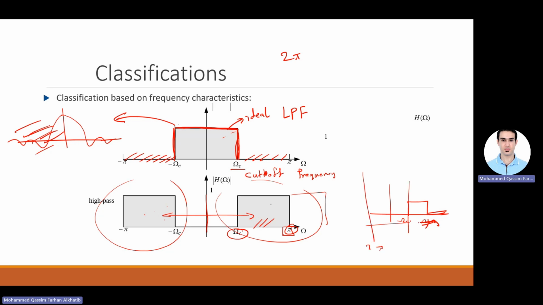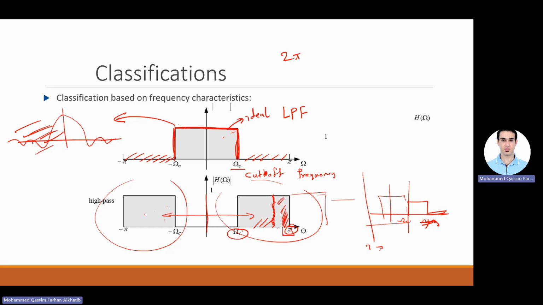Here's the 2 pi, and you have another image there. But let's not worry about 2 pi or 1 pi. Just know that this one stops at negative pi, from negative omega c to negative pi, positive omega c to positive pi.